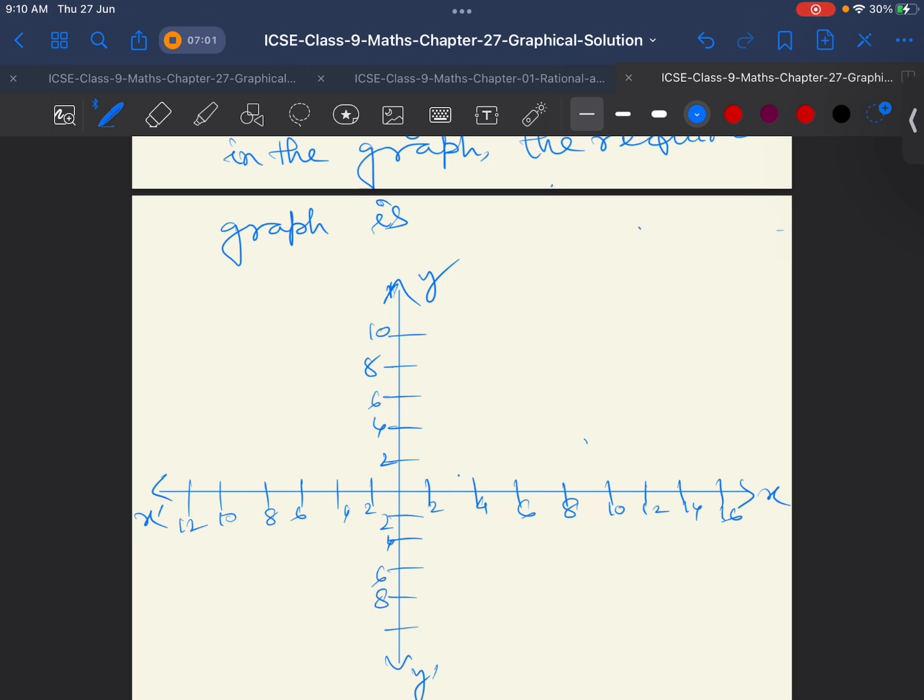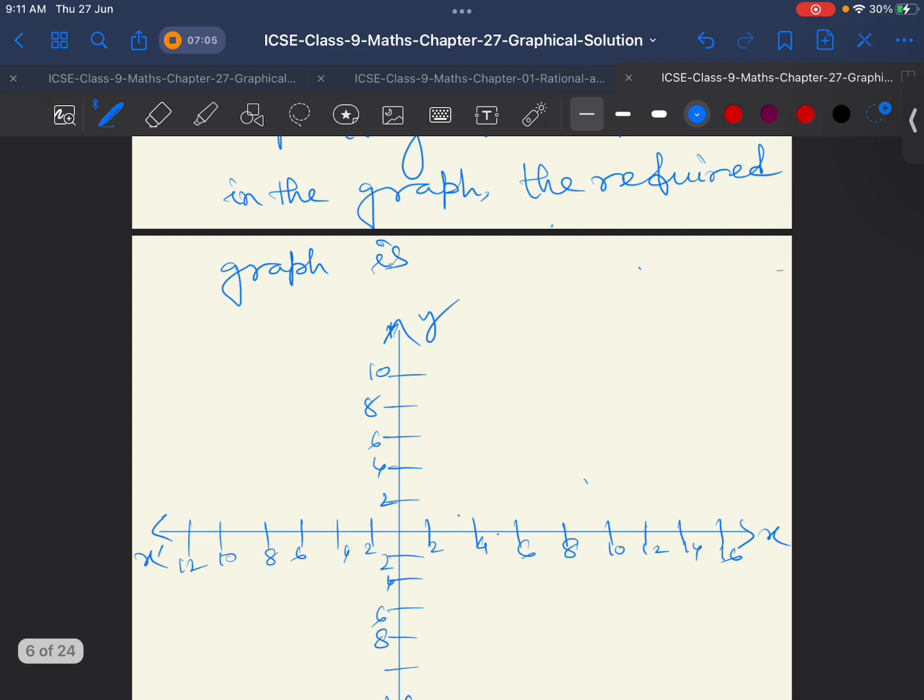Okay, so the first point is 5, 13. 5 is here, 13 is here, so this point will be here. And 15, minus 7: 15 is here, minus 7 is here. And 10, 3.